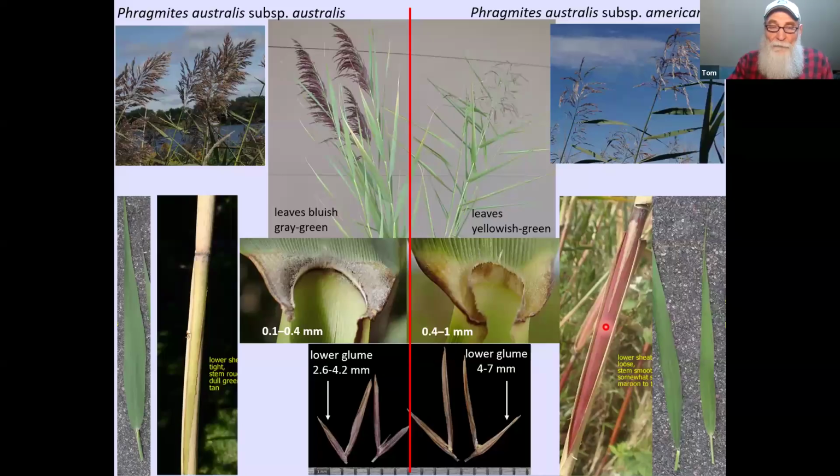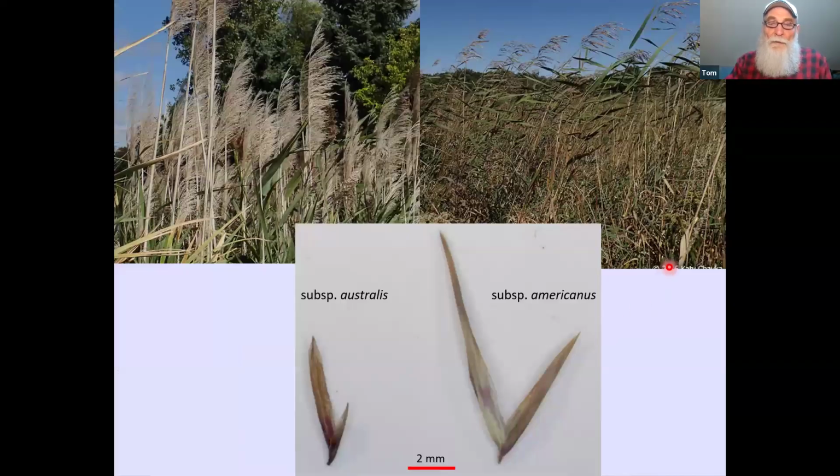Another thing, of course, is just the growth. Here again, we're looking at the glumes, just another picture. I would say that both the lower glume and the upper glume in Australis, the European one, are about half the size of the lower and upper glume in Americanus.